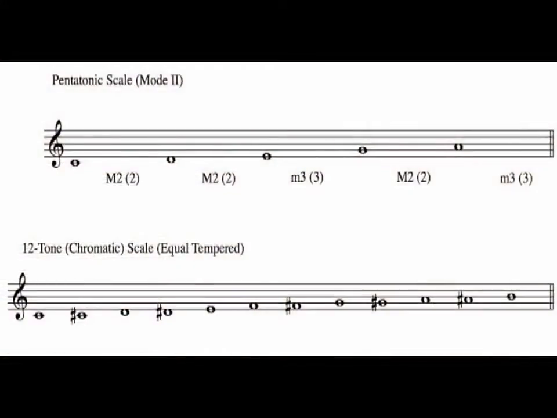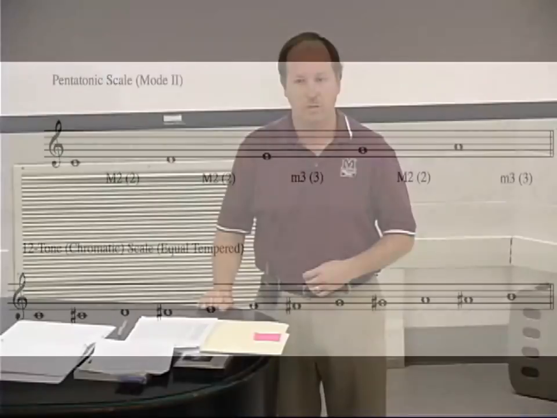Now, I know that many of you don't know what a major second and a minor third is, and that's okay, because the number of half steps on the 12-tone chromatic scale here can be seen in the count in parentheses up above. So for example, to get from the C to the D, the first note to the second note in the pentatonic scale, we count 2 half steps in the chromatic scale. And so those half steps are in parentheses as we go through.